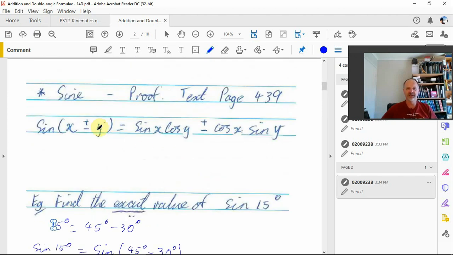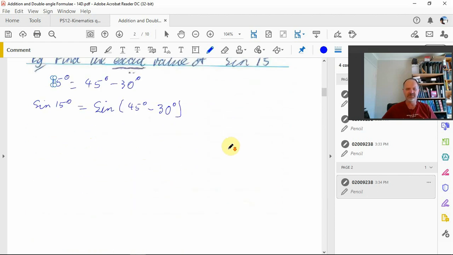All right, and so there we go, it's sine cos minus cos sine. So sine 45, cos 30, minus cos 45, sine 30. All right, exact values of those we know.